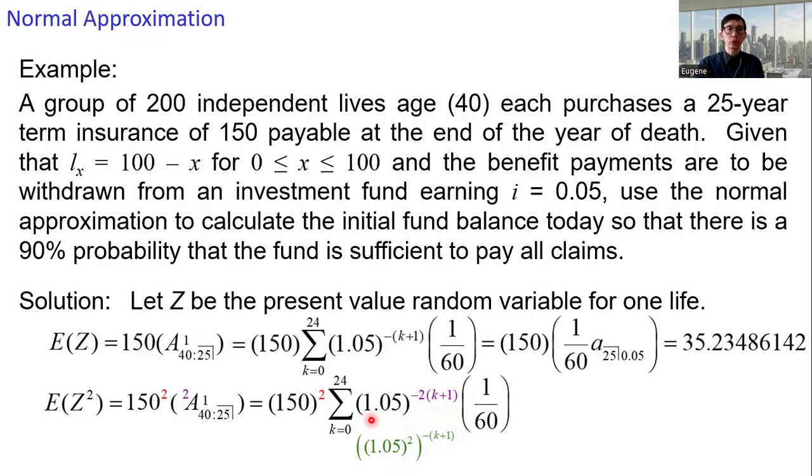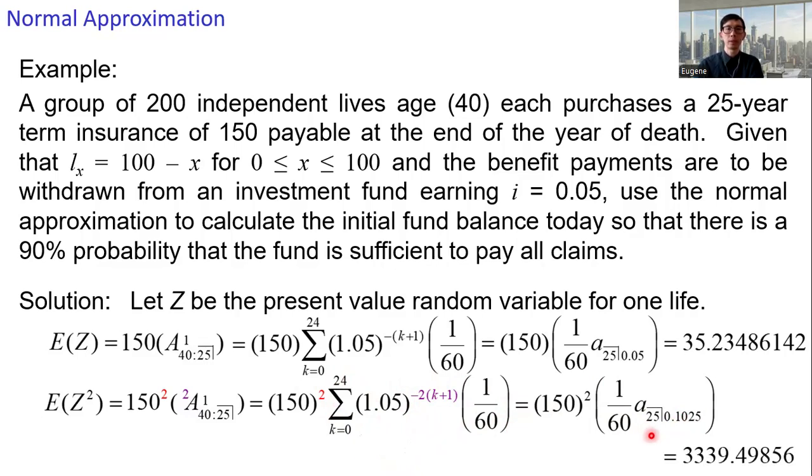This expression, together with the summation, corresponds to a 25-year annuity at interest rate 0.1025. And therefore, we can get the second moment, and from this, we can get the variance of Z.